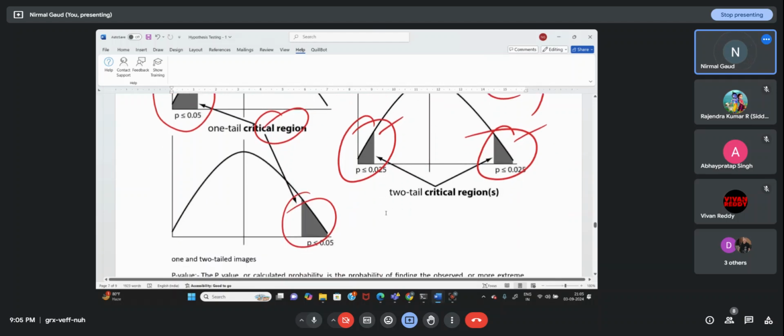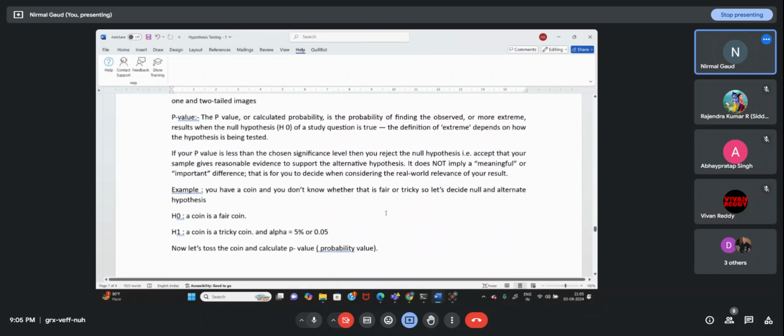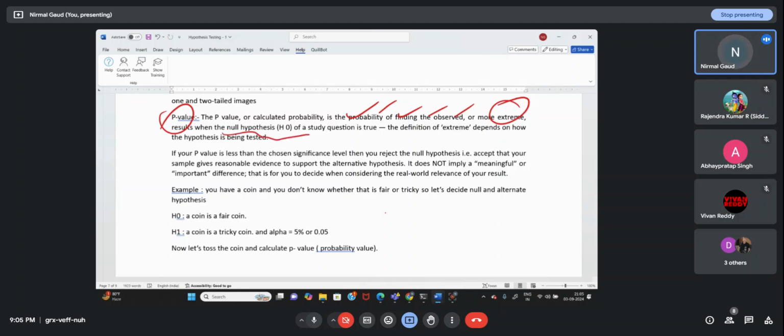So that's one tail and the two tail test. Okay, p value, that is a probability value I told you. It is the probability of finding the observed or more extreme results when the null hypothesis of the study question is true. So if the p value is less than the significance, p value is the probability value.